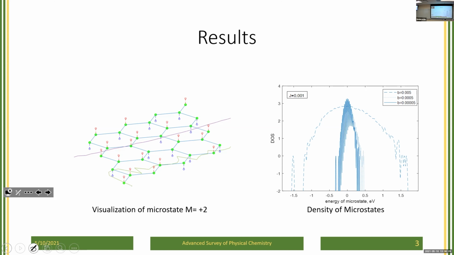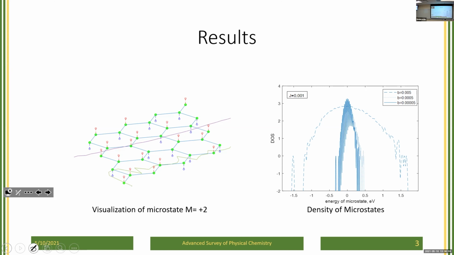So I would make an assumption that as the magnetic field strength approaches closer to 0, we would be less and less certain that the lowest energy state would be the ferromagnetic, all aligned with the magnetic field. Good. Excellent.